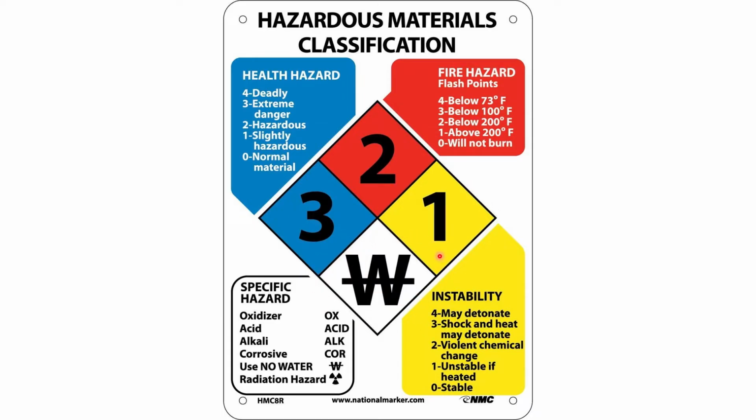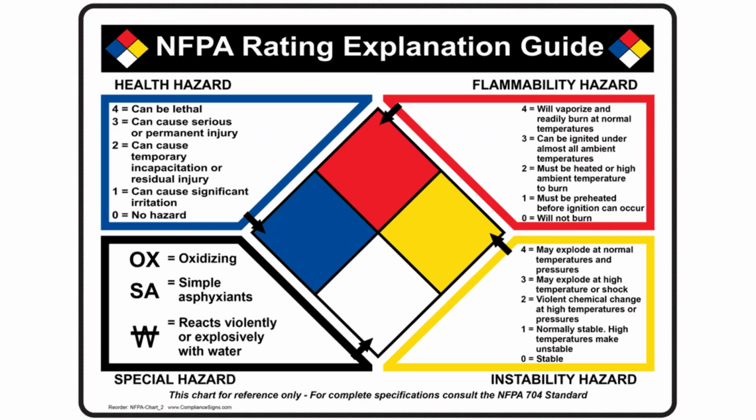In addition, class, in each quadrant here, you can see that it shows the magnitude of severity graded from low 0 to a high of 4. So you can see that in here, that is posted in this hazardous materials classification.